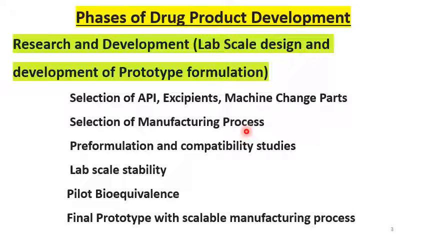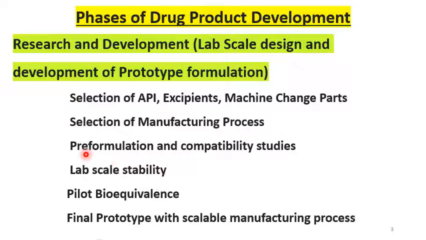Whatever manufacturing process is selected is based on the prototype formulation and on the equipment availability at the manufacturing site. This is a prototype process at R&D, and it involves selection of the manufacturing process based on the composition and the reference product. So as per the reference product design, the APIs, excipients, machine change parts and manufacturing process are selected.